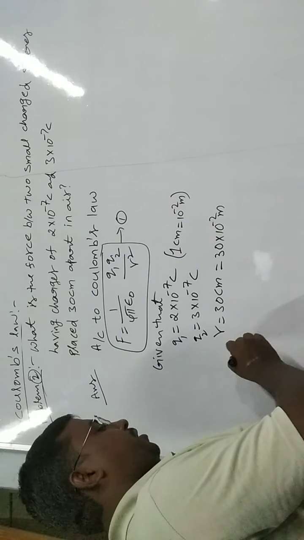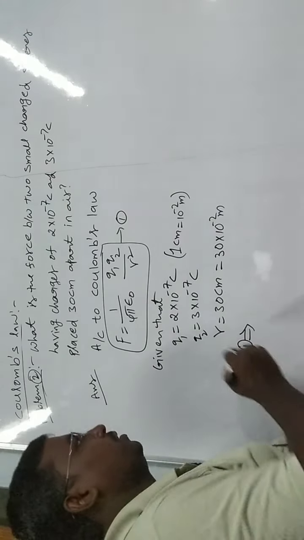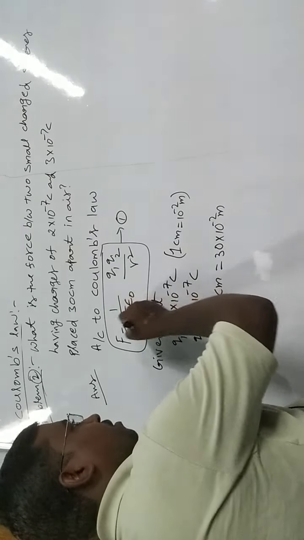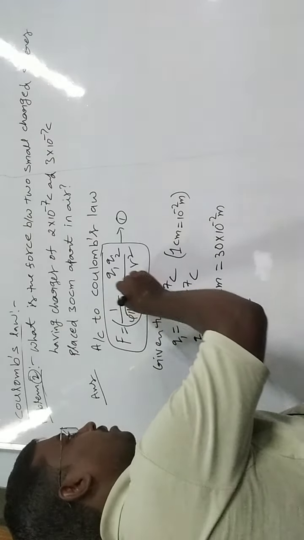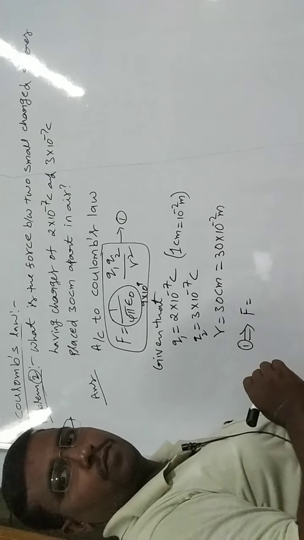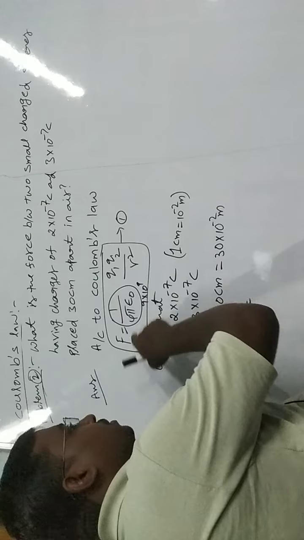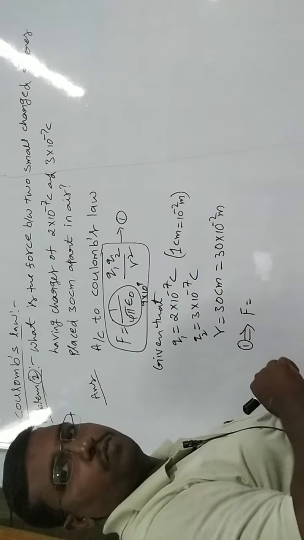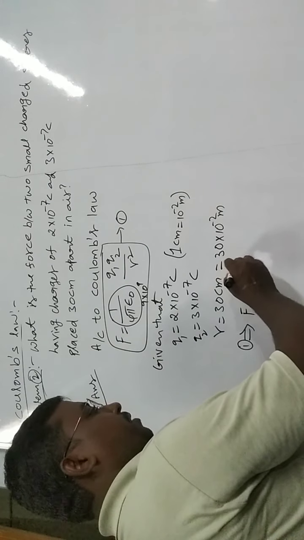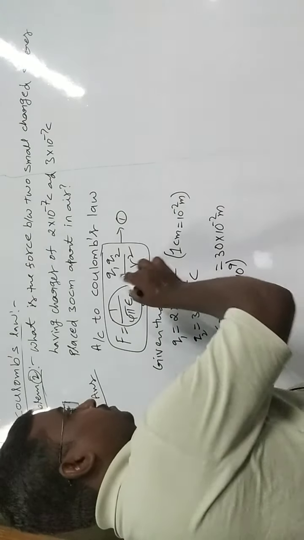So finally we have to write the formula. From formula 1, force F equals 1 by 4 pi epsilon naught. What is the 1 by 4 pi epsilon naught value? It is 9 into 10 power 9 newton meter square per coulomb square. So we write 9 into 10 power 9. This is the 1 by 4 pi epsilon naught value. And what are Q1 and Q2?